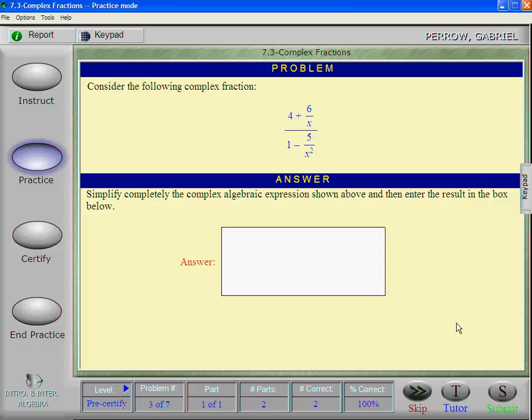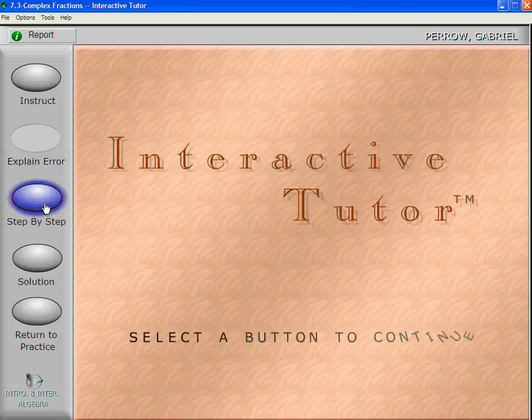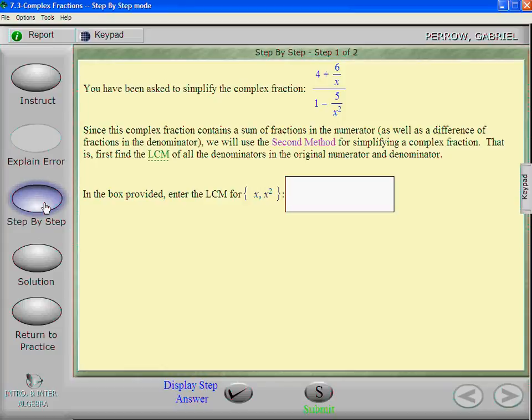If we use that method that they're calling method 2, I don't know if they're going to use that again. We might as well, because it works just fine with these examples. Let's see what they push forward again. They say, look at the denominators that you've got. 4 and 1 have denominators that are 1, which is just trivial. So they focus on the x and the x squared, and they say, what's the lowest common multiple, or the lowest common denominator?